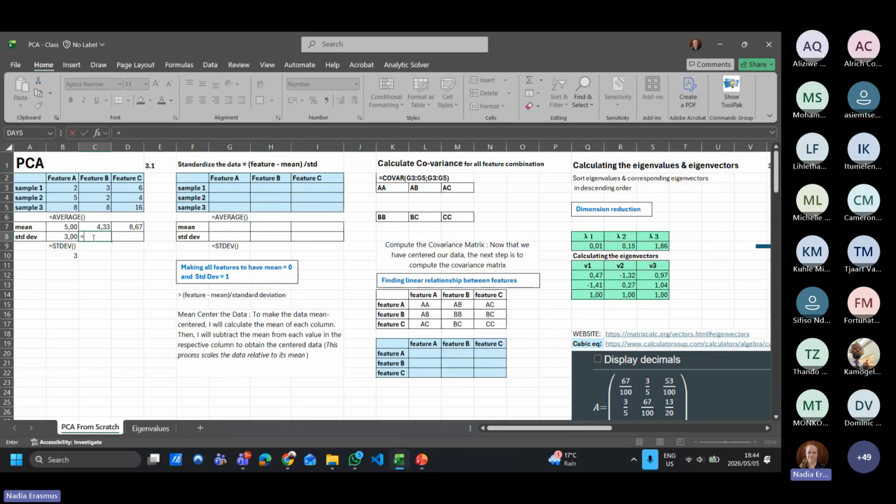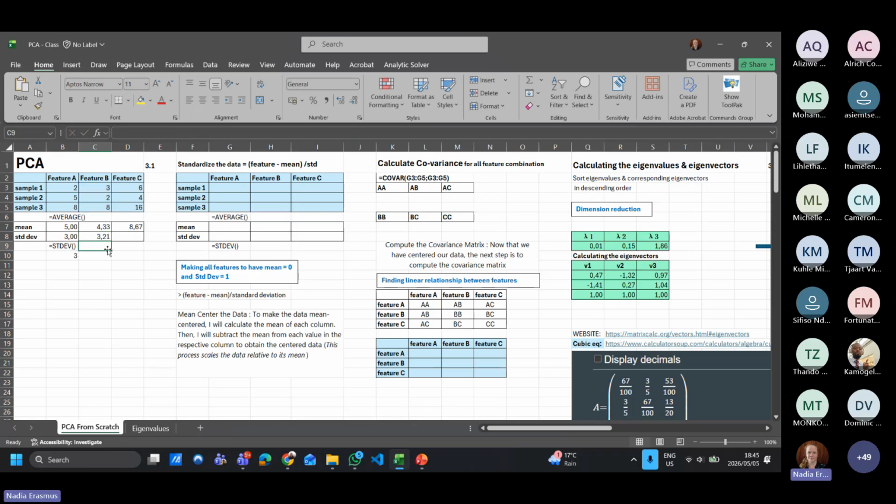So you guys can use standard deviation S. Let me just first finish this one.